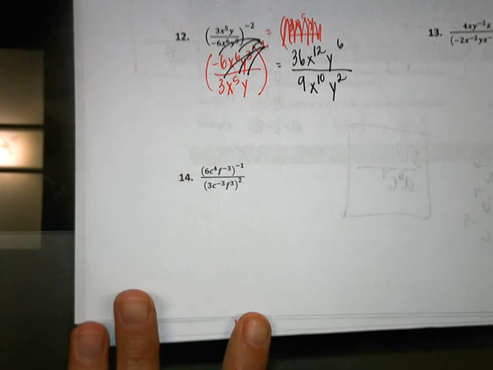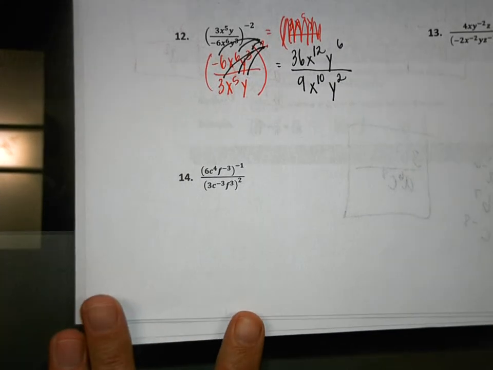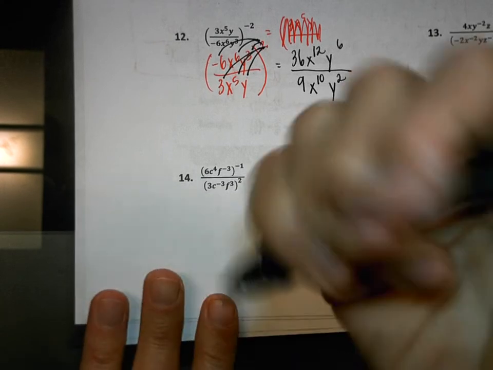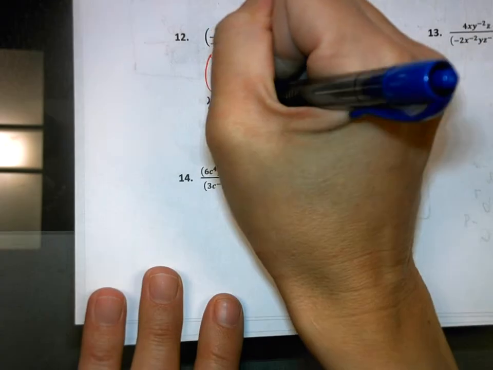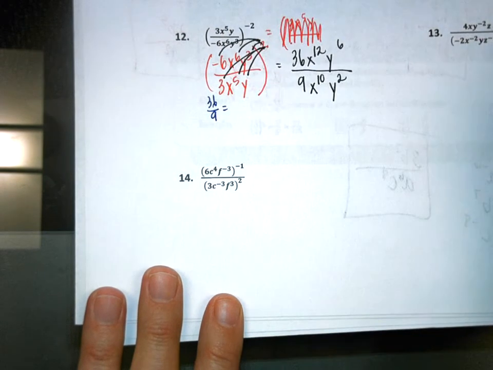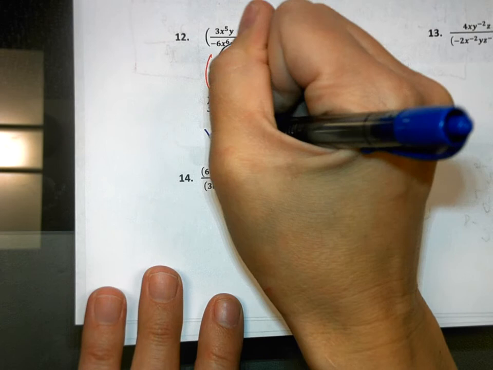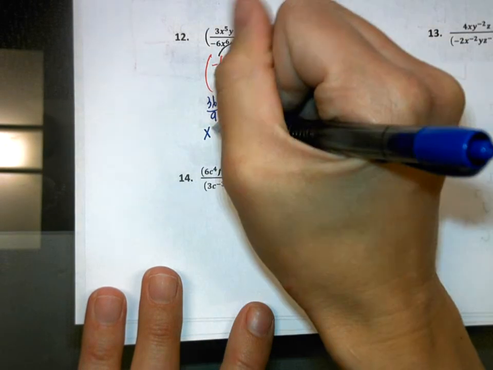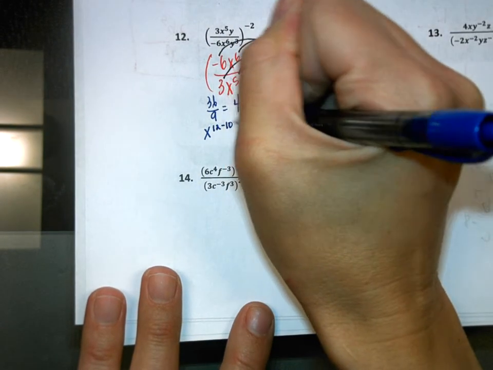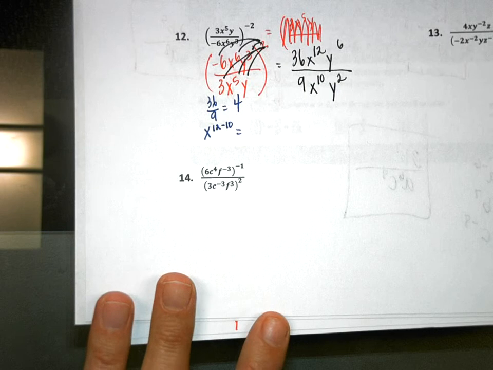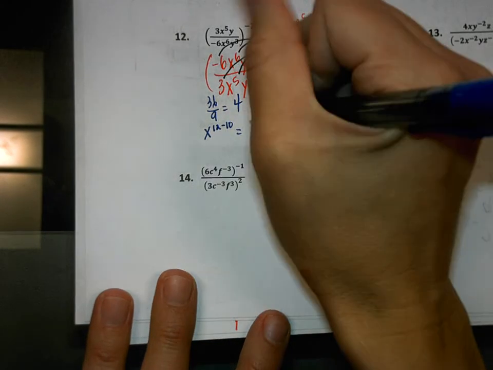Now this one we have to simplify like we did the other problems. Okay? So we start with 36 over 9. What is 36 over 9 reduced to? 4. Okay, then we're going to go and combine our x's. So x to the 12 minus 10 makes x to the what? Very good. X to the 2nd.